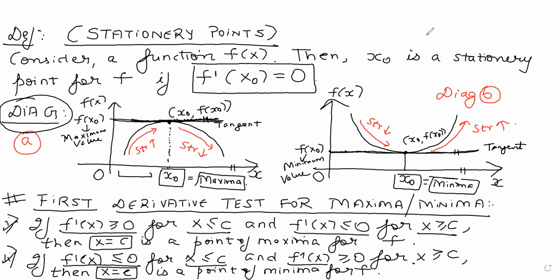That means we now look at the method for finding the point of maxima or minima in a closed bounded interval. So our heading now is: method of finding the extreme points.